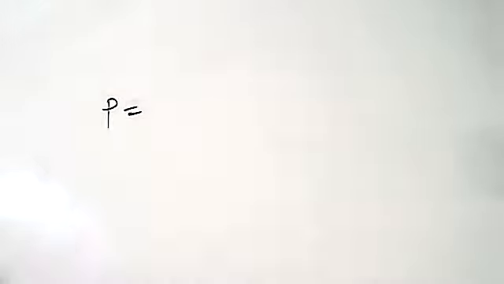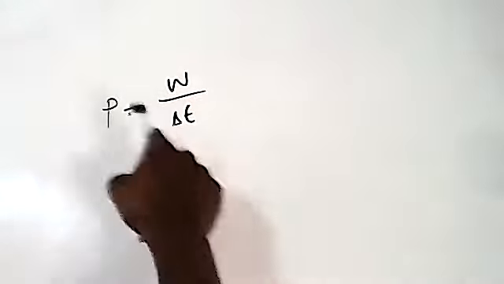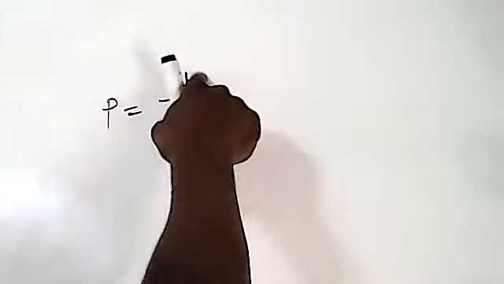If they ask you what is power, power is the rate at which work is done. Remember I told you that every time they mention the word rate, it means you will have something over time, and that time will be measured in seconds.